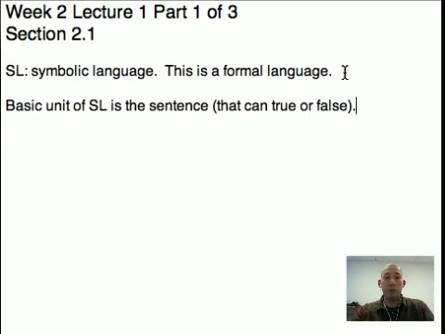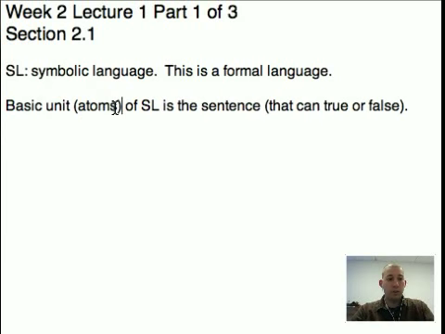And what we're going to be interested in is how we can combine these basic units into more complex structures. So the sentence is going to be atomic, right? So this basic unit, or what we might also call atoms, are the sentences, and then the more complex sentences that we're going to build out of these basic units are called molecules.